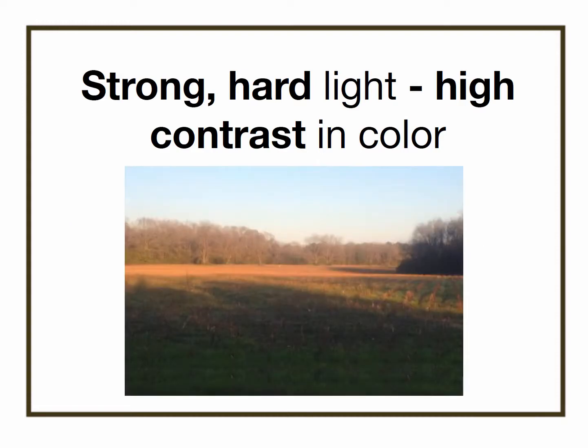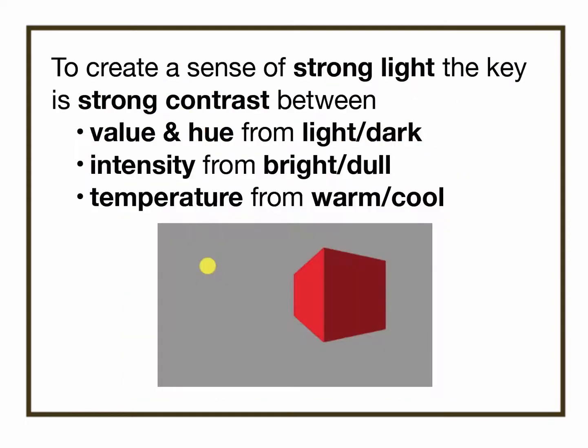So here is an example of that strong, warm fall light. This is actually winter moving into spring. It's early winter. And you can see that there is a strong high contrast in value, in intensity, and in temperature. To create that sense of strong light, the key is that strong contrast.